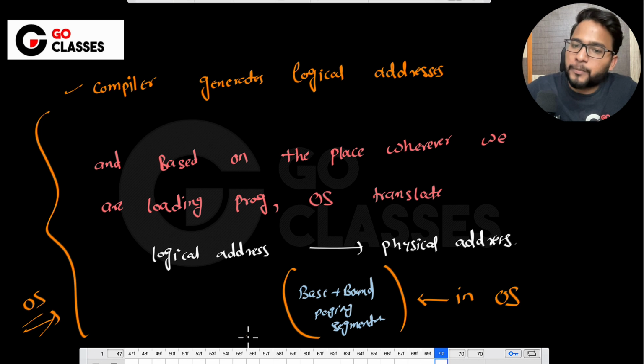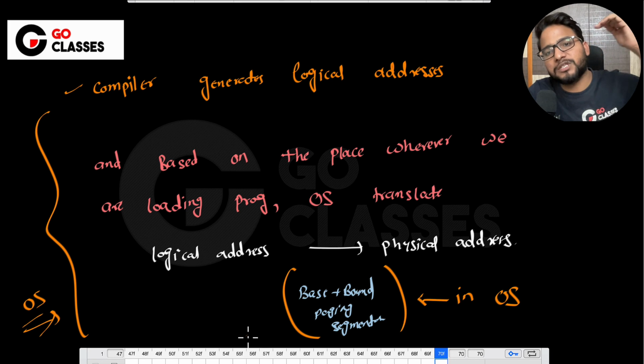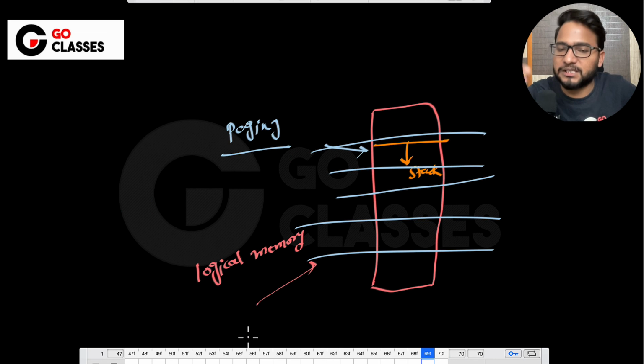So what is the purpose of this video? Again, just to let you know that the compiler generates the logical address based on just a single thing: where you are loading this program. Wherever you load, I don't care, let me just generate all the addresses related to that.